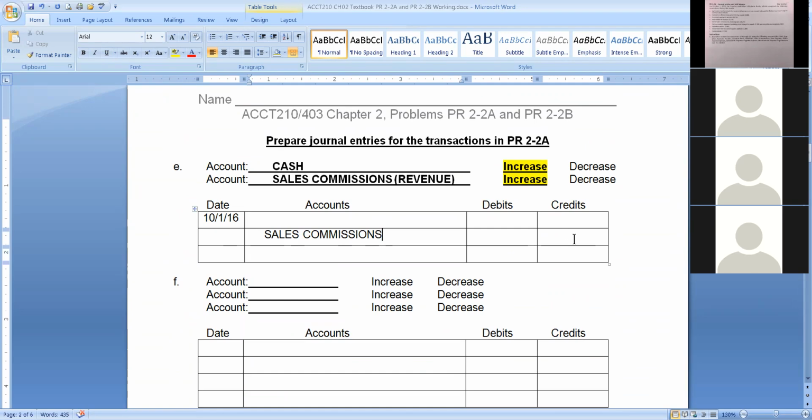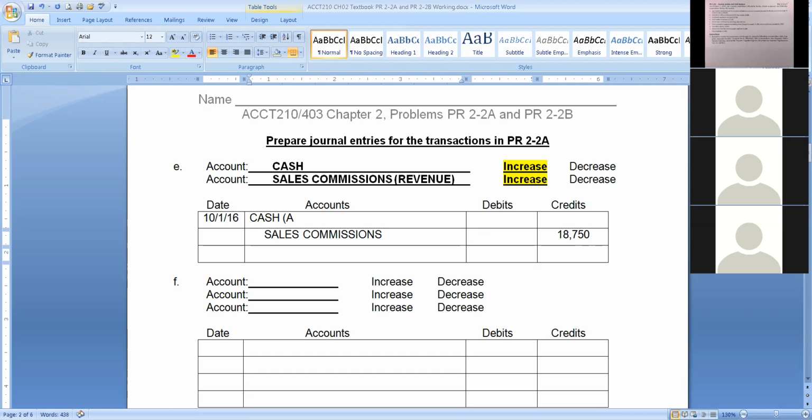It's a revenue, and revenues are always credits. Well, if you know that, you really don't even have to look up the cash. I mean, you could, right? Whatever's on the other side. So expenses are always debits, revenues are always credits. The nice thing is, if you run into one of those accounts, you know what the other side is going to be.